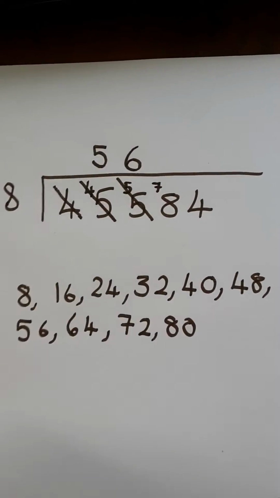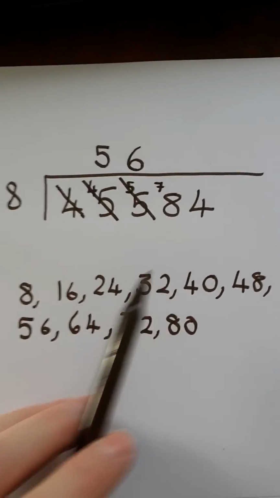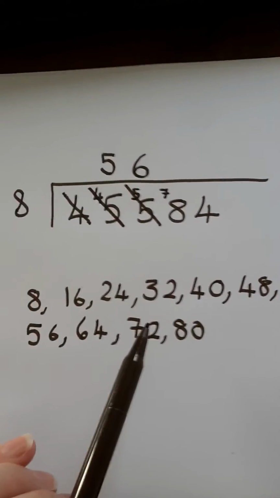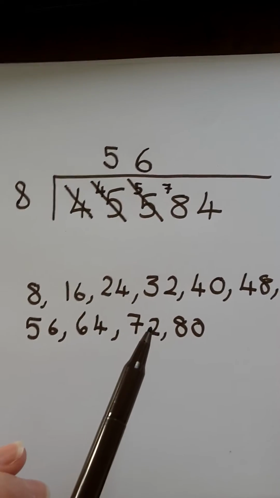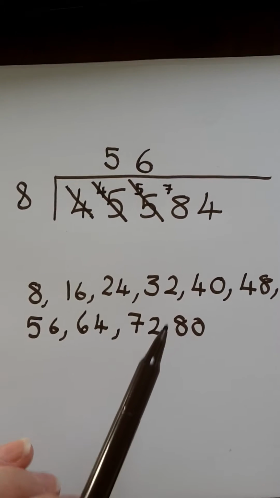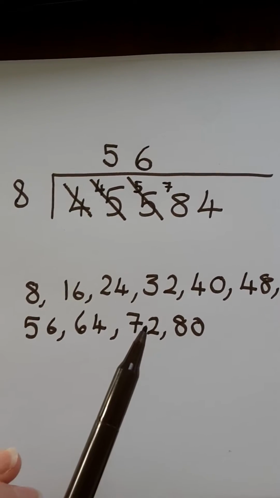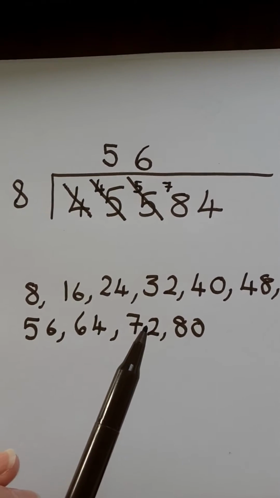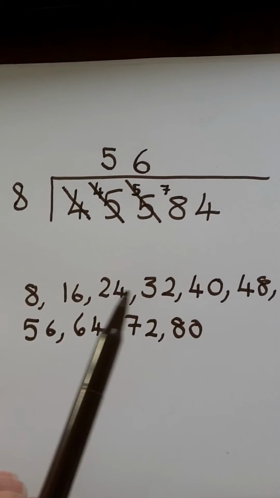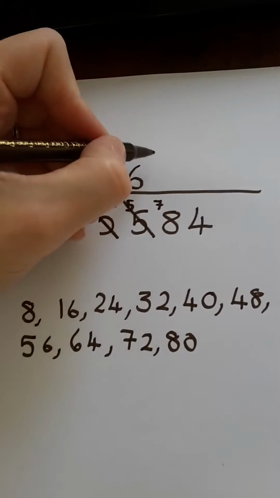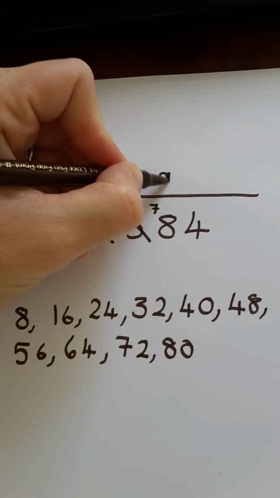Next we have 78. How many 8s will go into 78? Well, let's look at our list. Again, 78 isn't in that times table, but it does sit between 72 and 80, so 72 will be our biggest number that 8 will fit into in this case. So 1, 2, 3, 4, 5, 6, 7, 8, 9. 9 times 8.